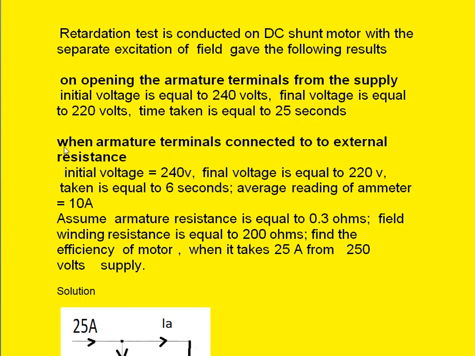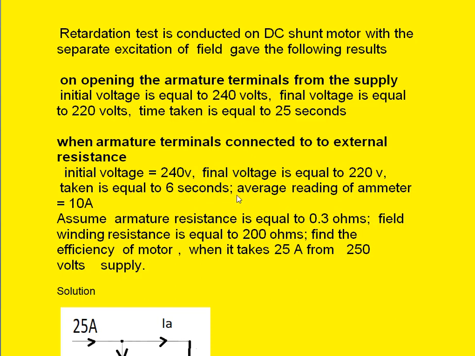Then again he connected the armature to the supply and applied more than rated voltage, and then it is suddenly disconnected from the supply. Then the voltmeter is allowed to reach 95% of the initial voltage, that is 95% of 240 volts. Somewhere around you will get 220 volts. And for this, whatever time is taken, that is noted down.